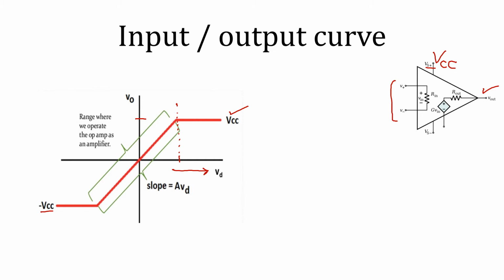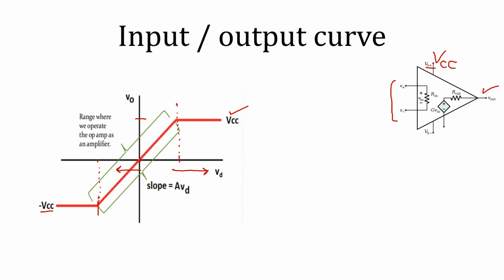Similarly, if V negative starts increasing from V positive, then the difference will be on the negative side, so it will move to this side. In this condition again, after some time, output will become stable or constant, and that will be equal to minus VCC.